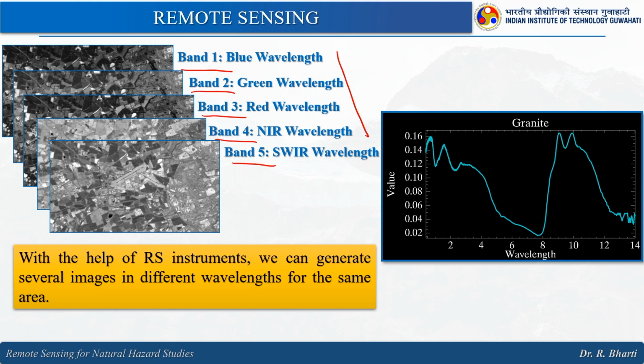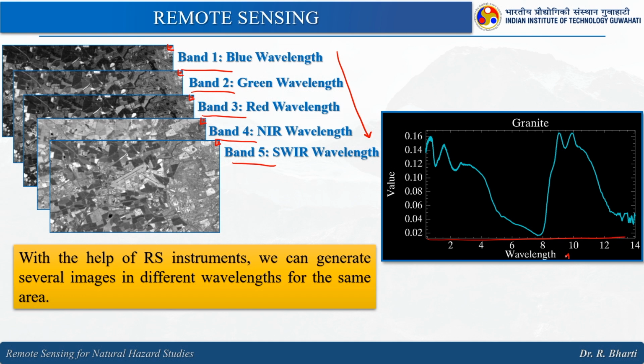So these wavelengths are used. If you compare the pixel of all these images captured by the same sensor, right, they are looking at the same target. The target remains the same, only the wavelength is changing. So you can extract these values and plot them here.